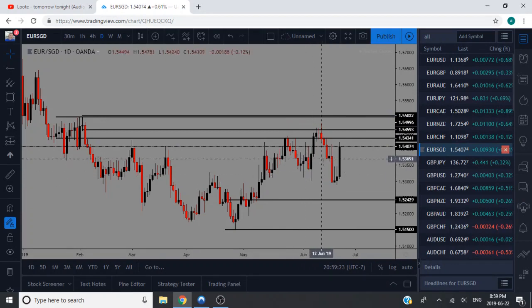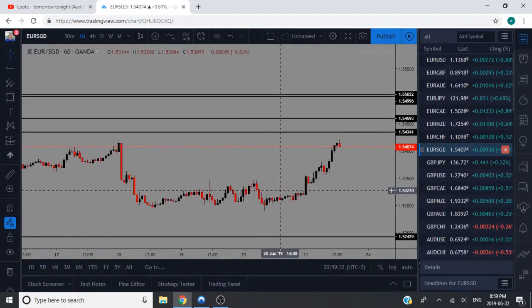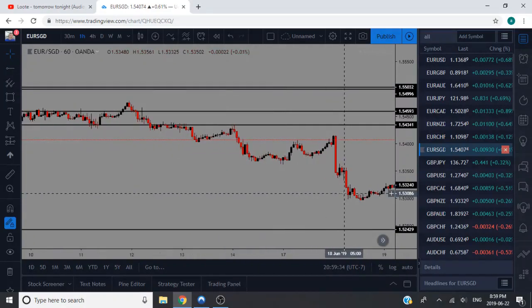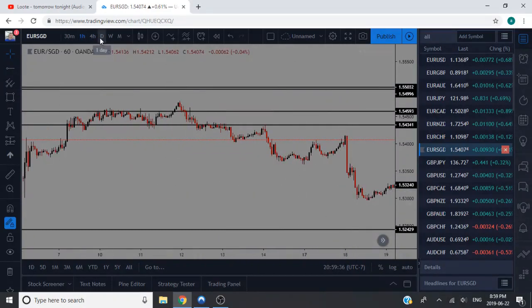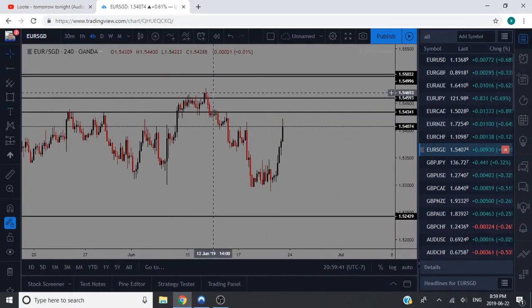There was a long I was trying to find down here, but I don't think I got filled. Maybe I did. Let's see on the 1 hour. No, don't think so. I was watching it though. Could have some nice selling opportunity maybe up here at the extreme.